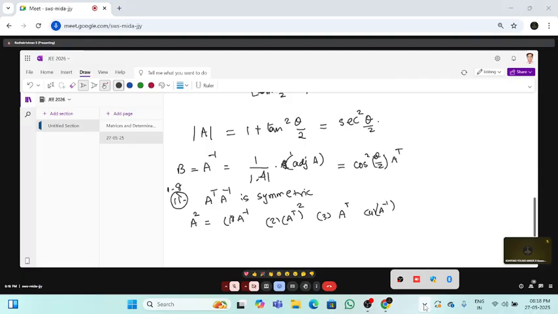So use the properties that you have learned and solve this problem.